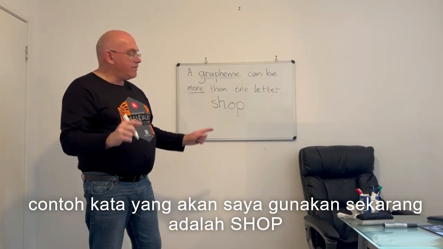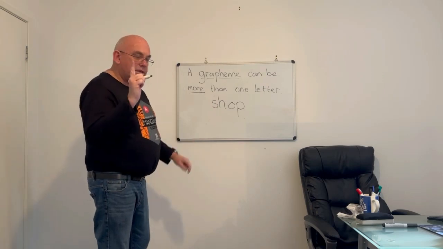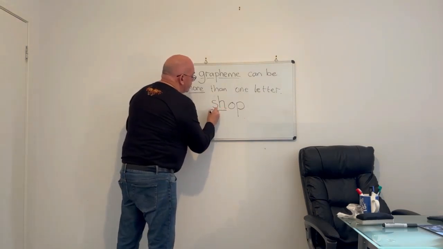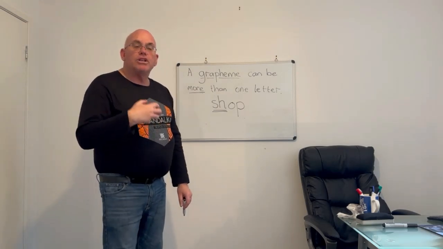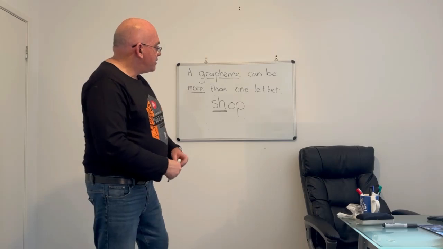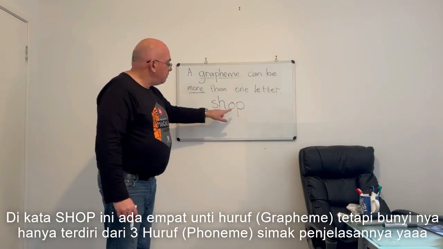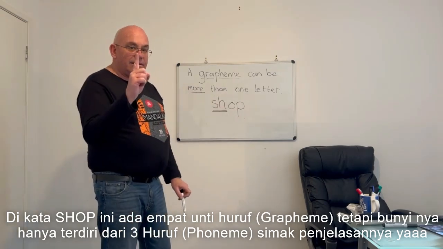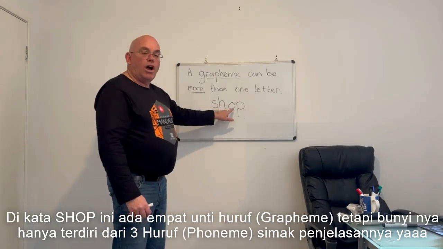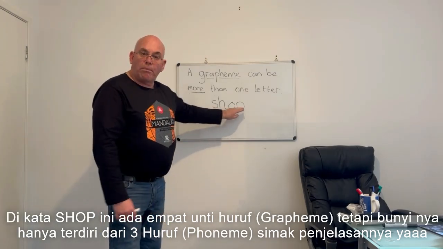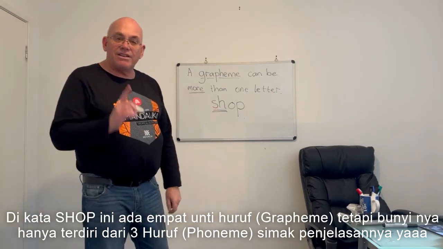But here we have a grapheme that's made of two letters, SH. SH makes the sh sound. S and H make one sound together. Shop. So that's when a grapheme has two letters.